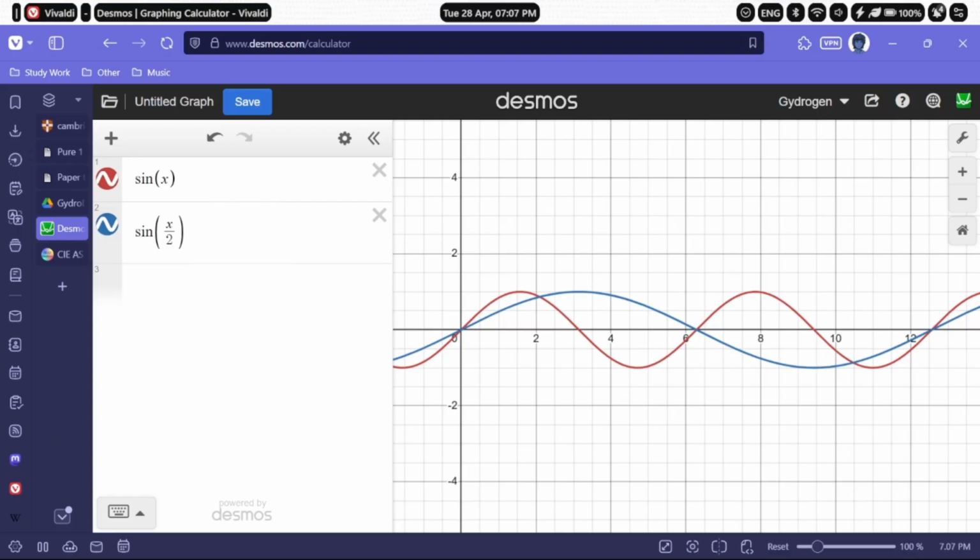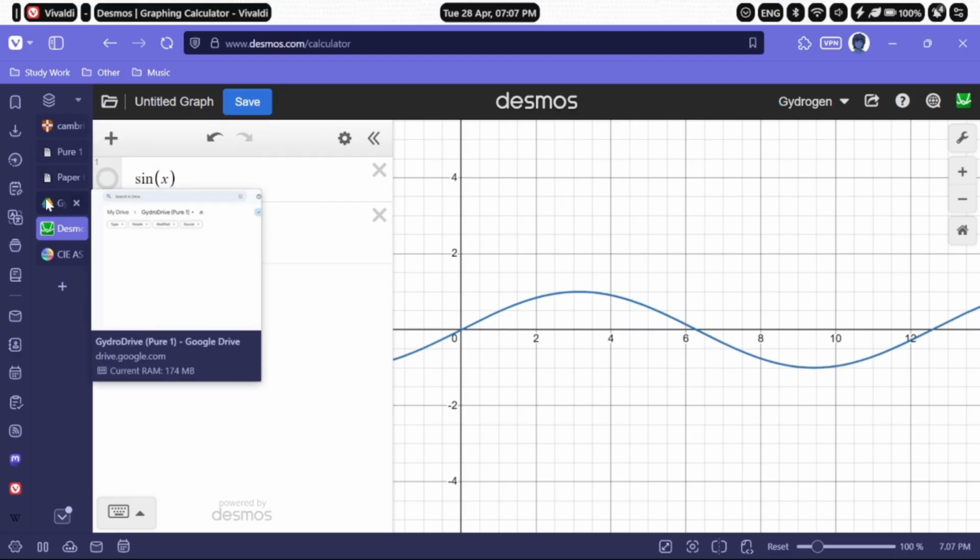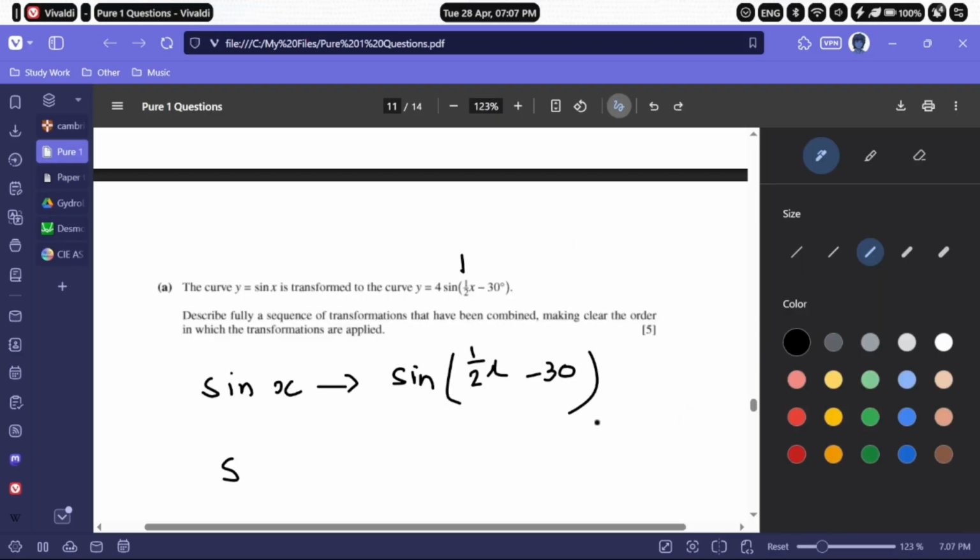Now after that, ignore the sin x graph. This is your sin x by 2. Now your stationary point is, for example, at pi. Oh wait, hold on, let me see the question. It's in degrees, right?